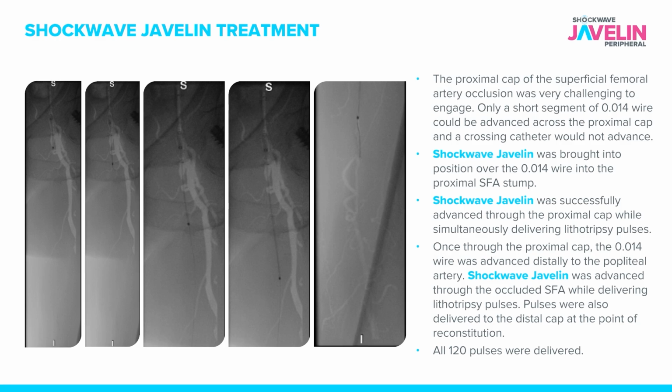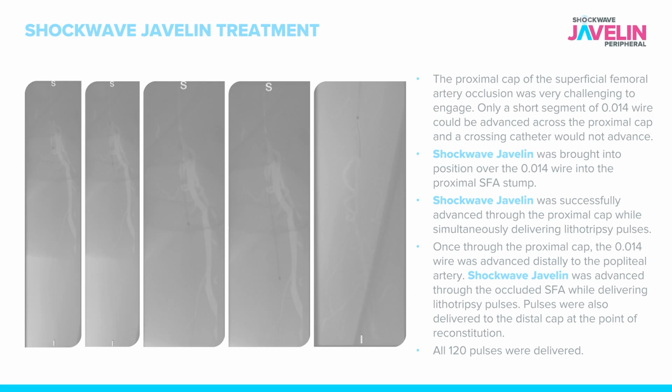So the bulk of the lithotripsy pulses in this case were delivered at the proximal cap in order to advance through, as well as the distal cap where it reconstituted in the above knee popliteal artery. And all 120 pulses were delivered with that approach.